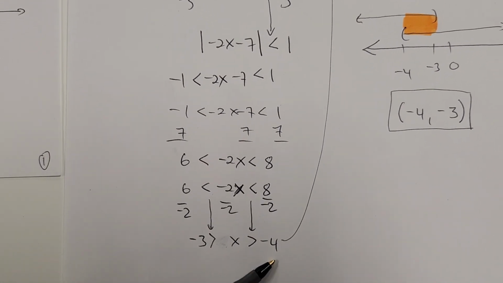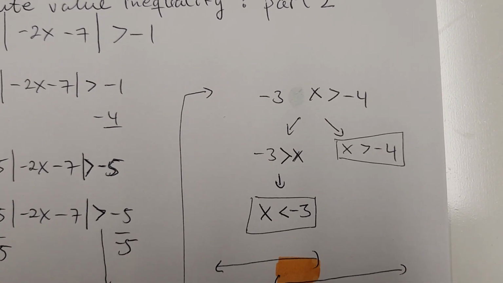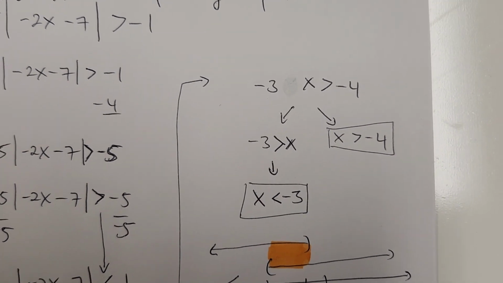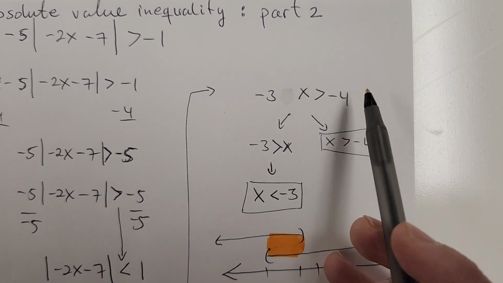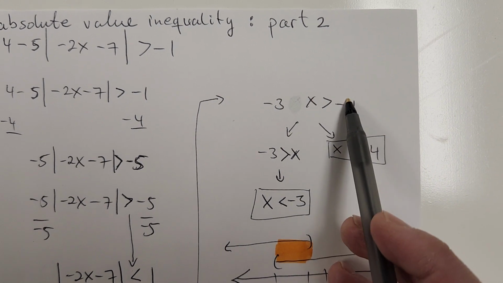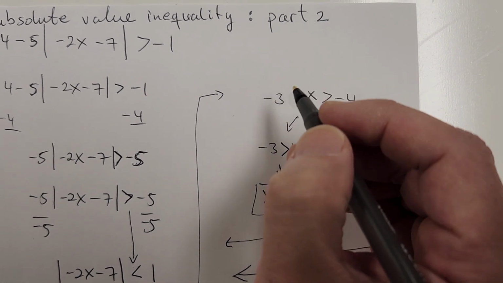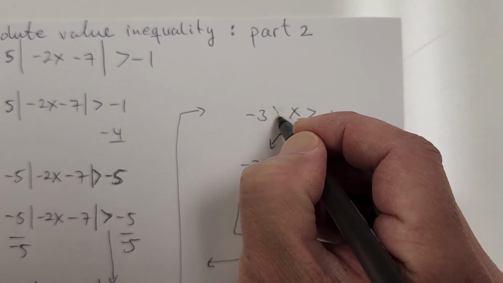Now use the answer to separate them into 2 parts, which I have over here. This is my right side, leave it as is, and I forgot to put the symbol here.